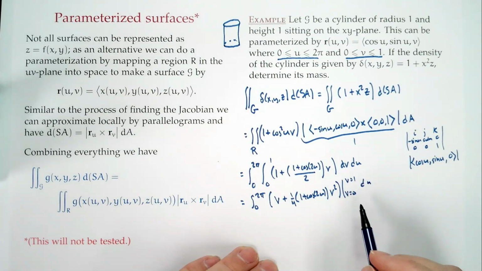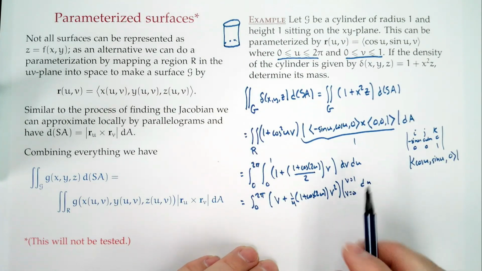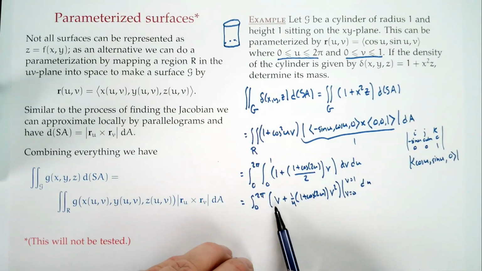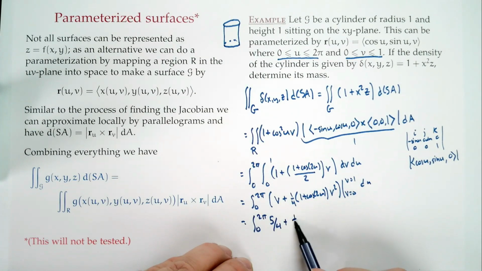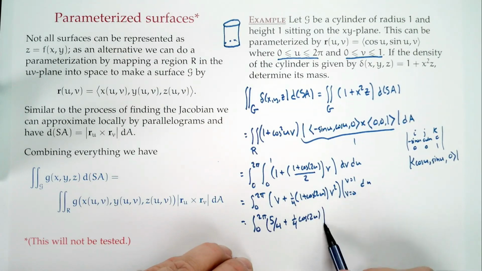Well, nice thing is v equals 0 is easy to evaluate, so is v equals 1. Plug in 1, you get 1 plus 1/4 times 1, that makes 5/4 plus 1/4 cosine 2u du.